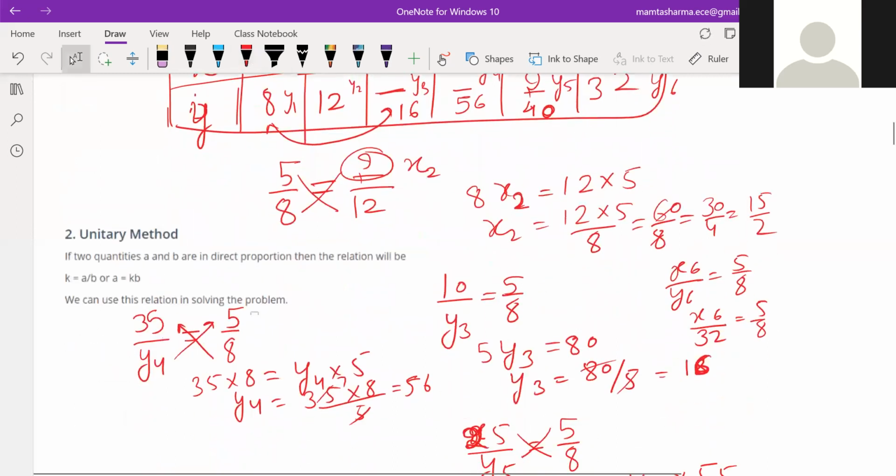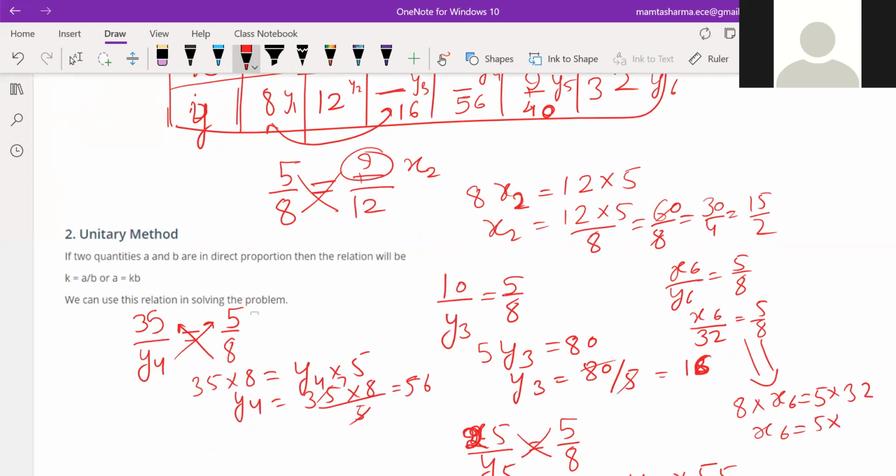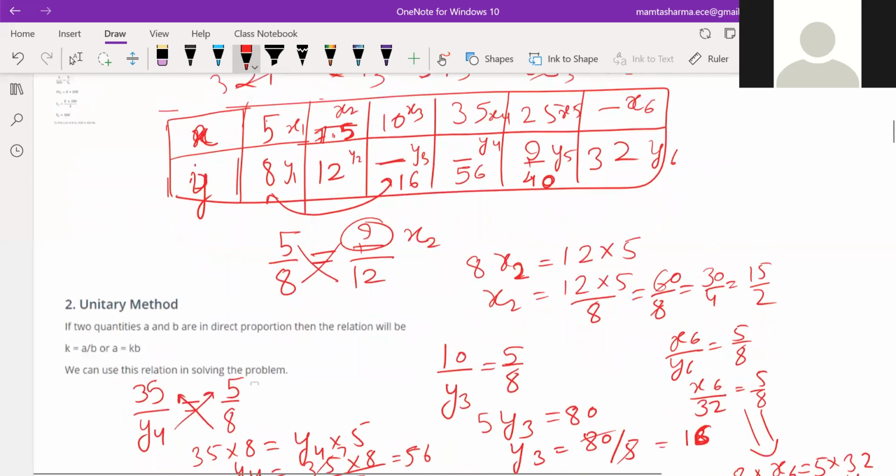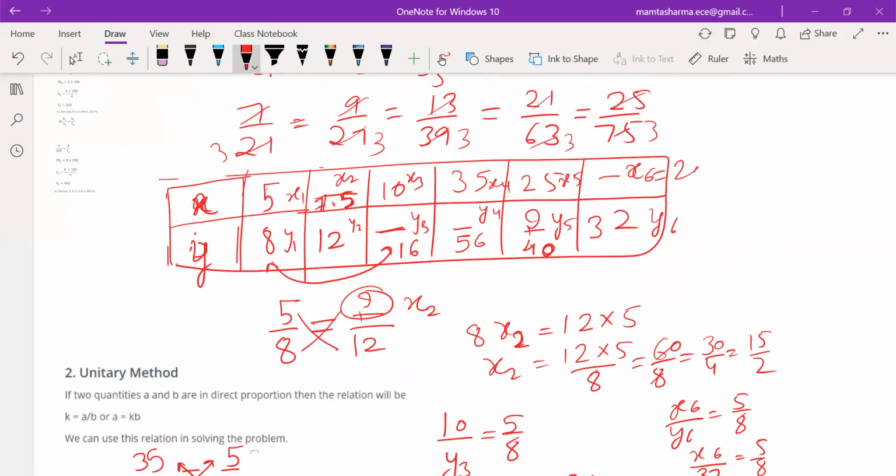Again cross multiply. After cross multiplying you will get 8 into X6 equal to 5 into 32. So X6 would be 5 into 32 divided by 8. 8 4s are 32. X6 would be 20. Yes, X6 would be 20.